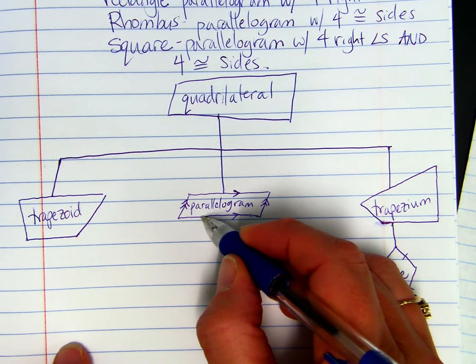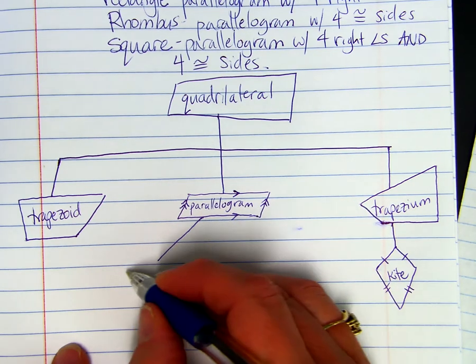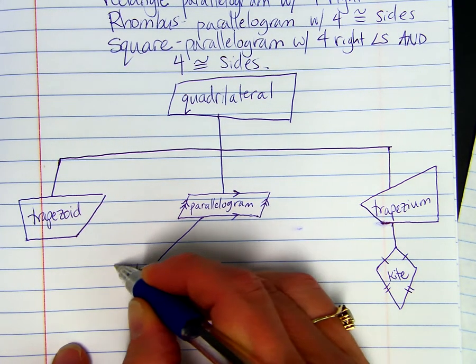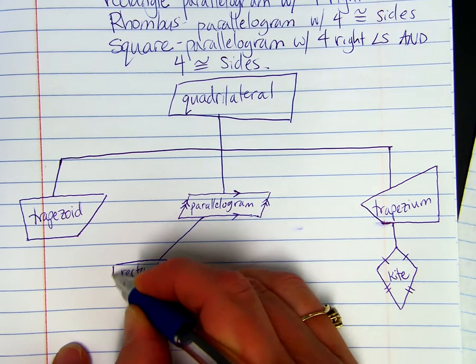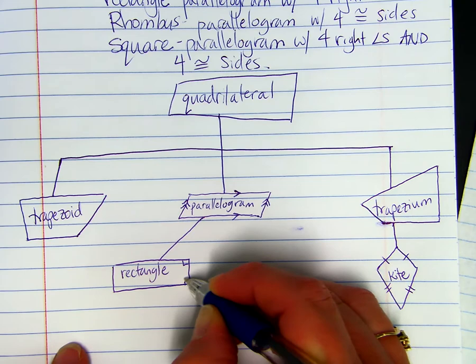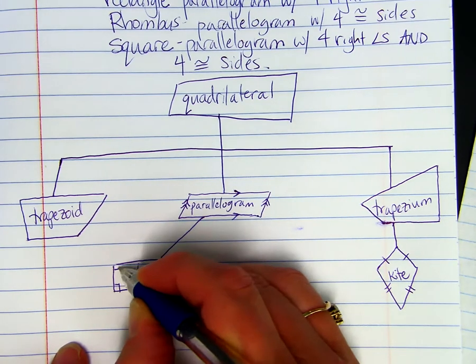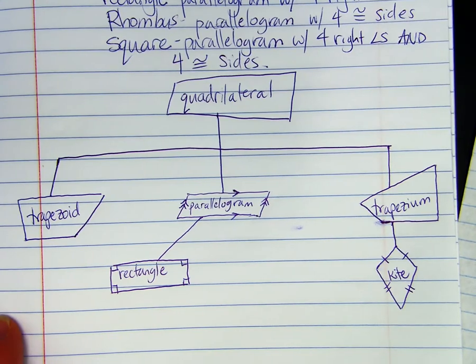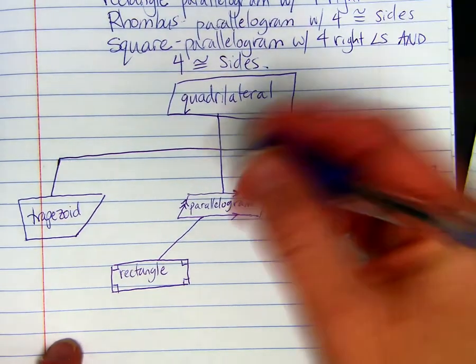And then we have the rectangle coming off one side. That type of parallelogram that can be a rectangle. And all we have to know about a rectangle is that it has 4 right angles.